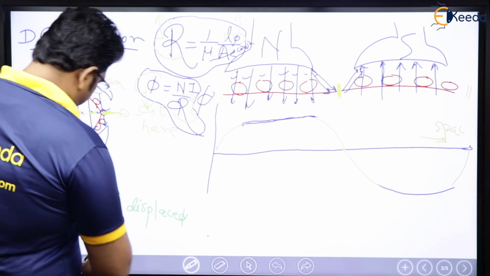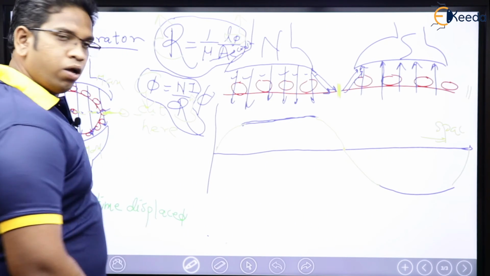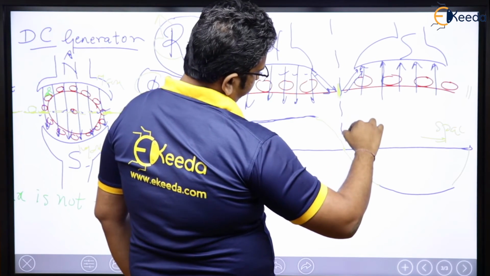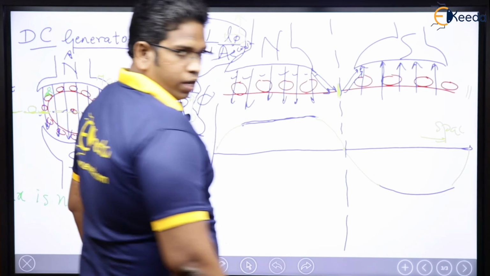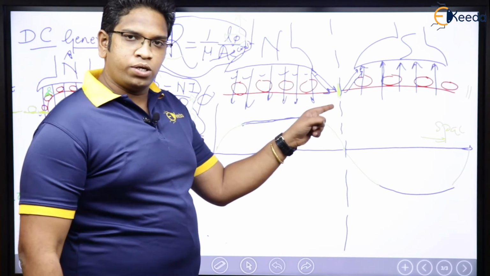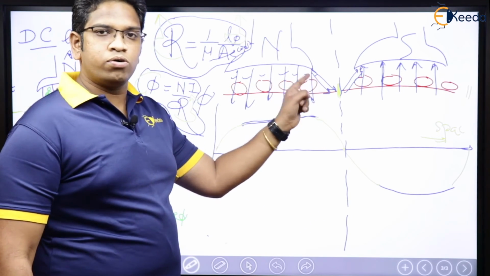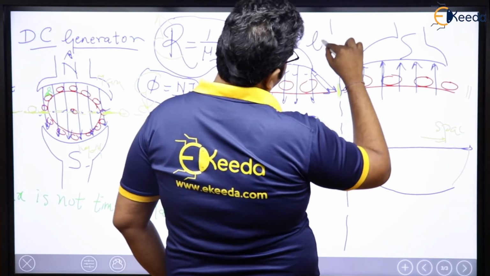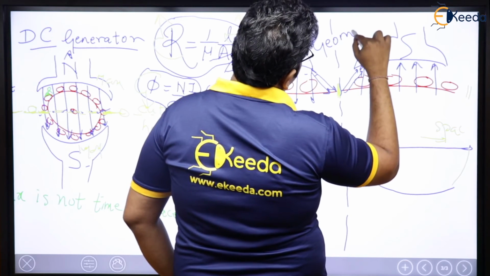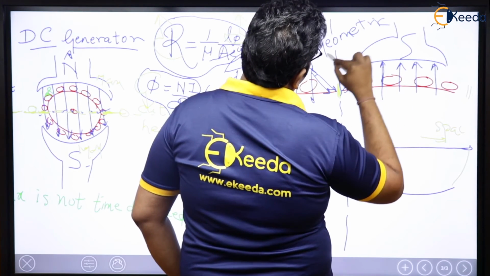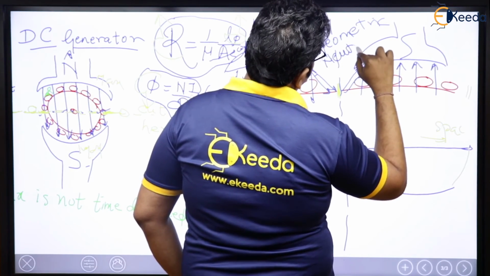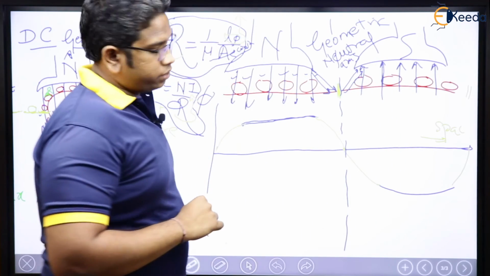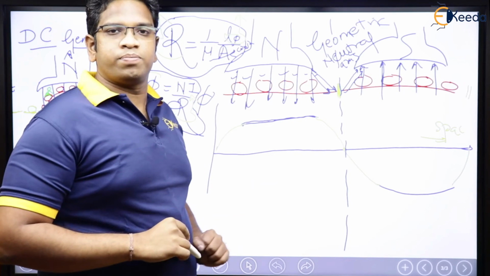Now let me tell you one more thing. Observe carefully. This particular axis, where my flux is going to be 0, is called the geometric neutral axis.